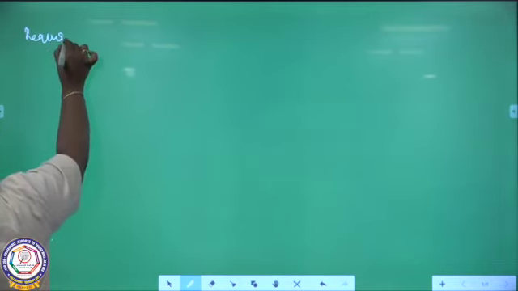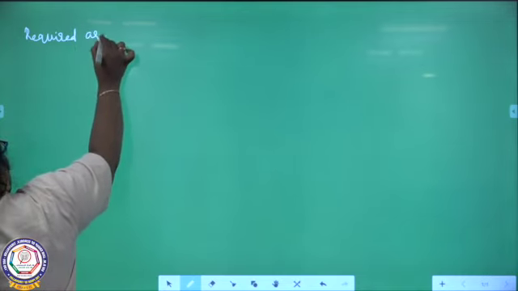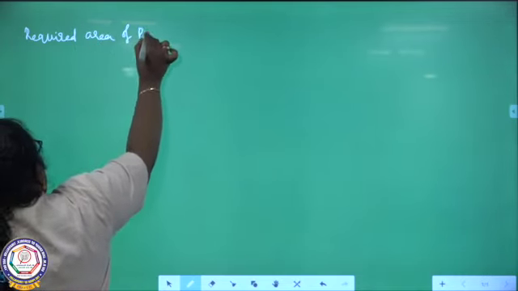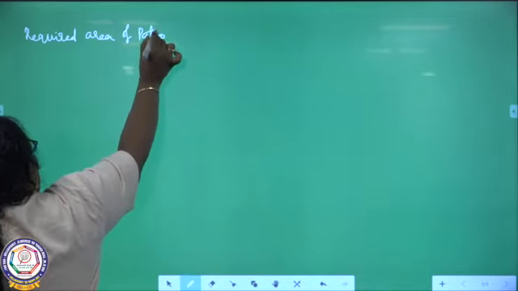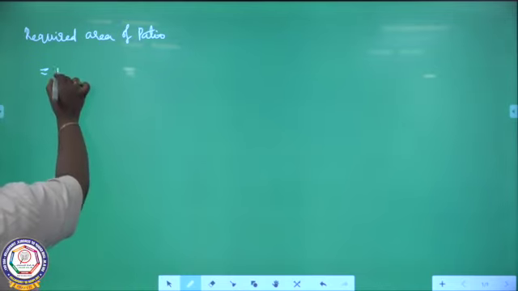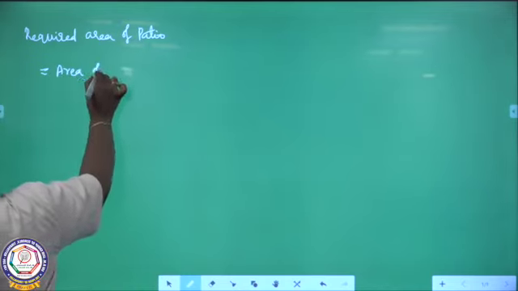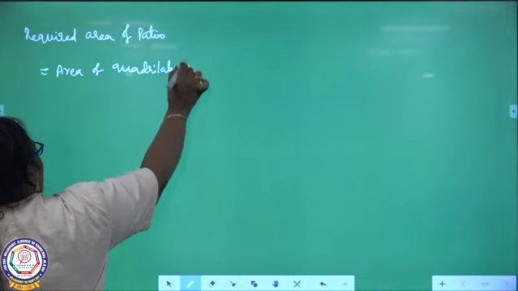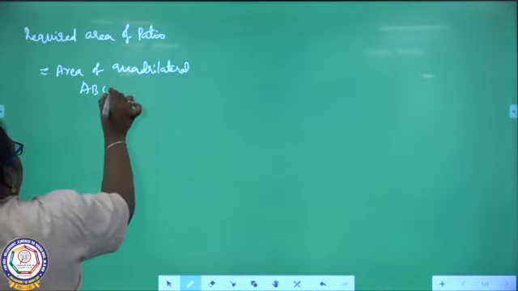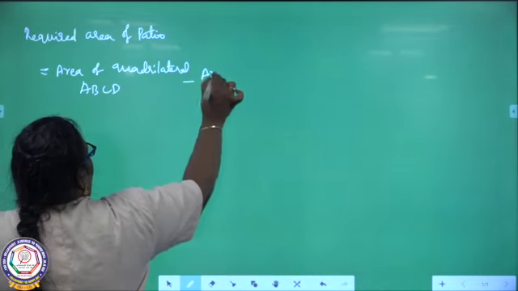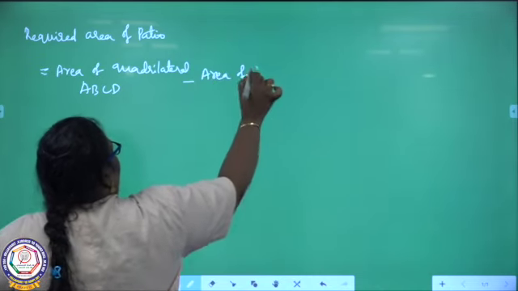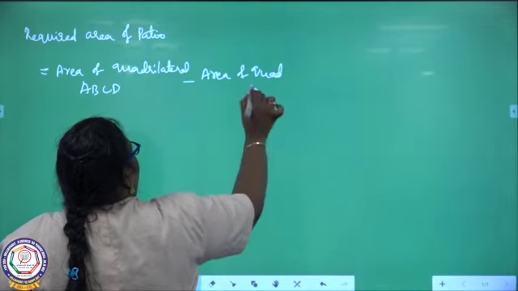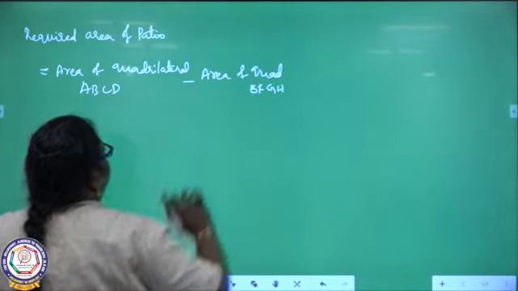See, required area of patio equal to area of quadrilateral ABCD minus area of quadrilateral EFGH.